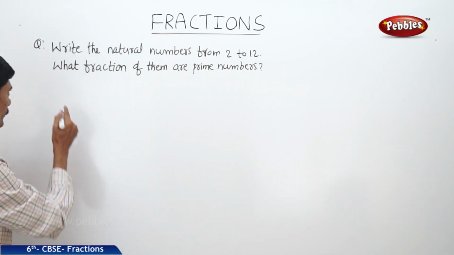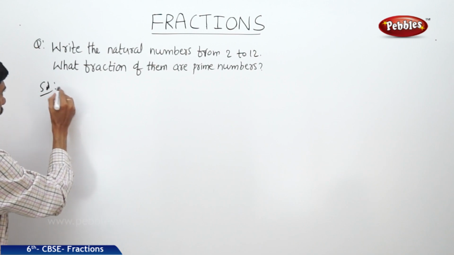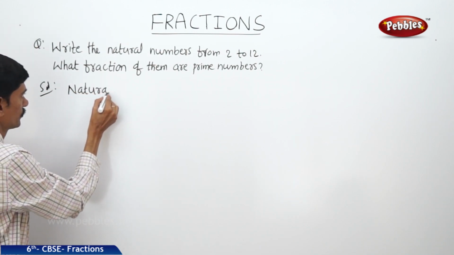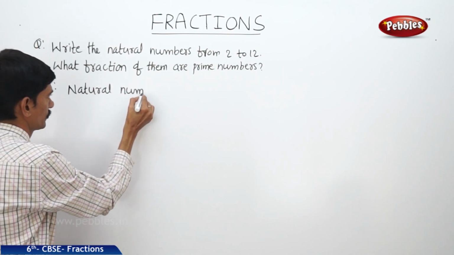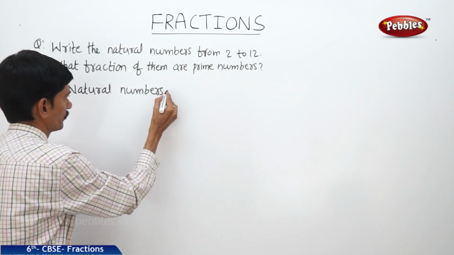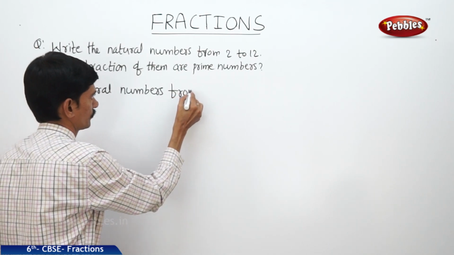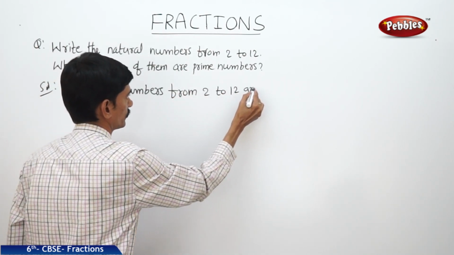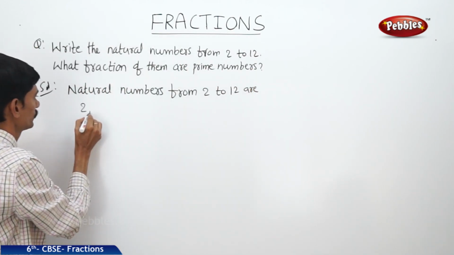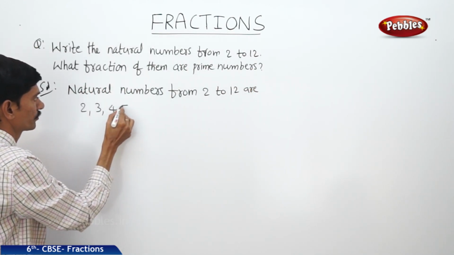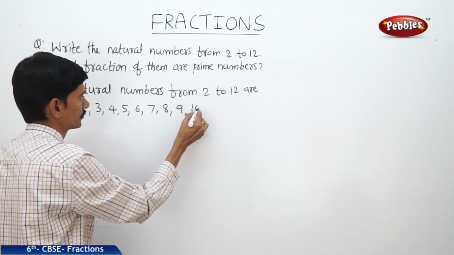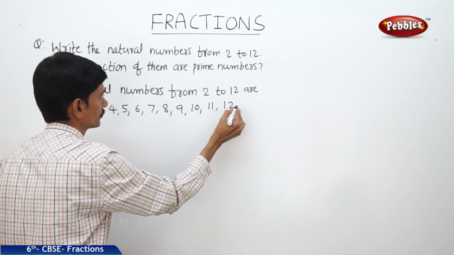So first, natural numbers from 2 to 12 are 2, 3, 4, 5, 6, 7, 8, 9, 10, 11 and 12.